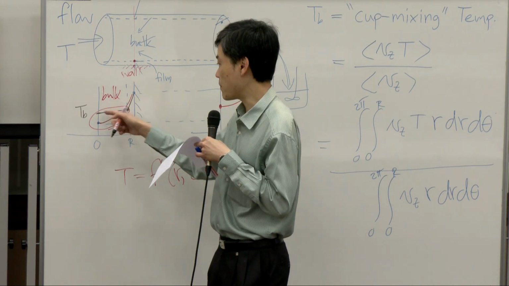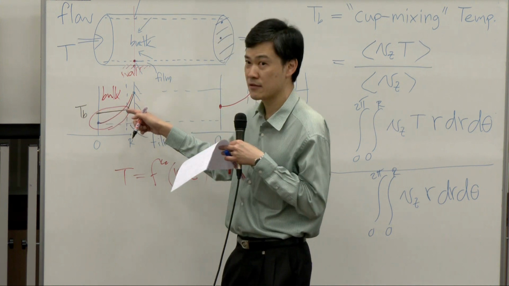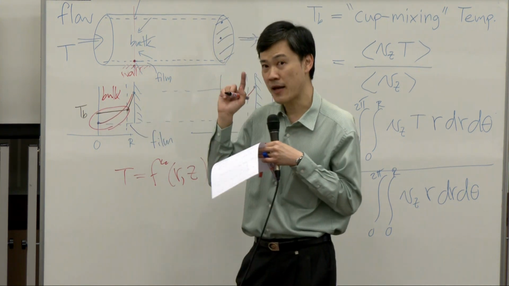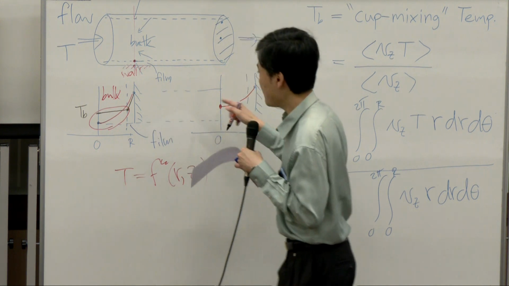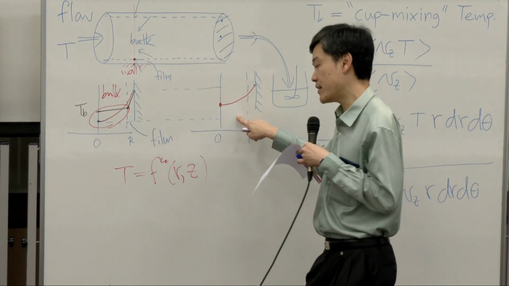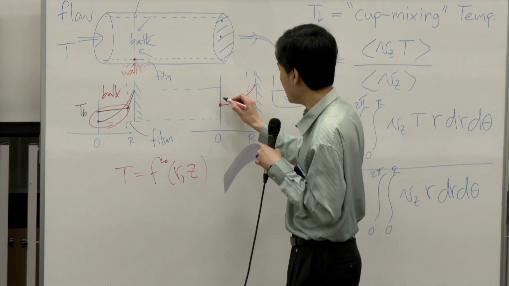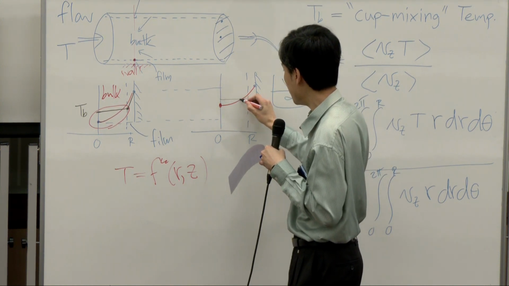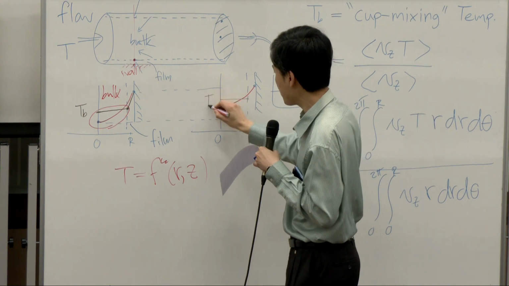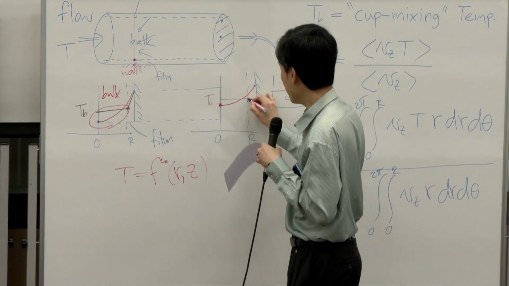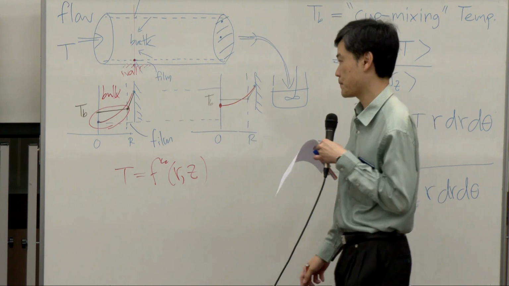Outside the film, for the bulk, temperature remains constant. So that's our first approximation. Of course, if you do the calculation of TB at another position of the pipe, you get another value of TB. And let's say this is TB at the end of the pipe. And then you get this picture.